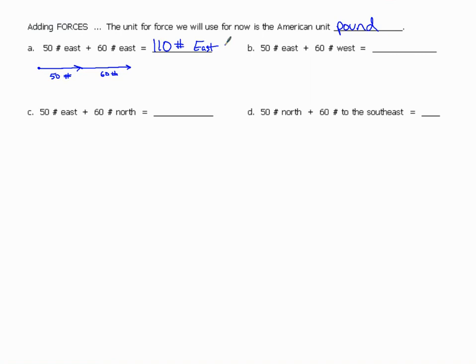But the next one, 50 pounds to the east and 60 pounds to the west. So here's our starting point. 50 pounds to the east and 60 pounds to the west.